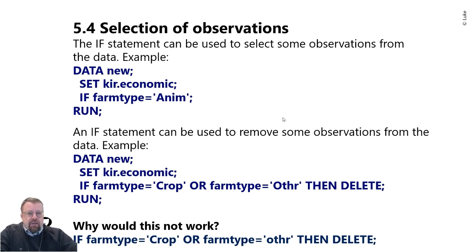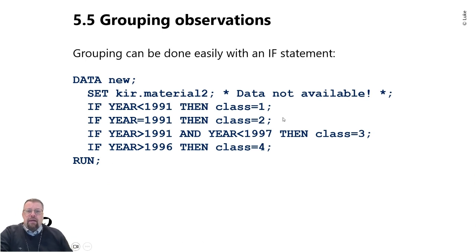Then let's continue. We can also do grouping of observations using if statements. In this example, we have several if statements. In the first one, we say that if year is less than 1991, then variable class gets a value 1. If year is exactly 1991, then class equals 2.